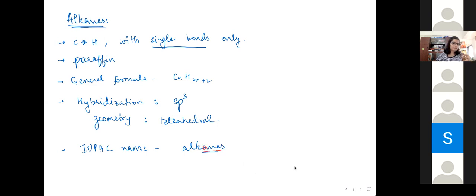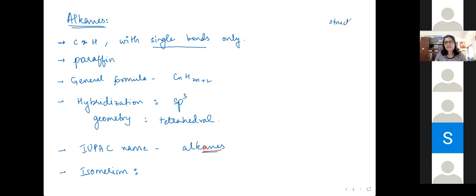Okay. What else? Okay, good. What are the different types of isomerism you would find in these? Do you guys remember what all different types of isomerisms exist in organic compounds? Structural isomerism and stereoisomerism.